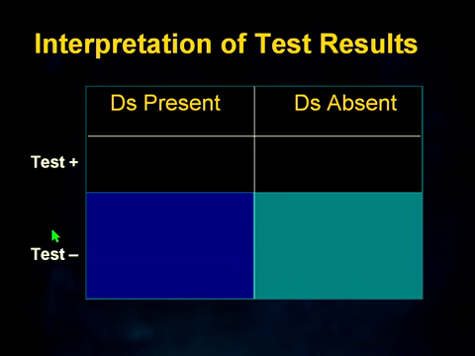Okay. Now, let's look at this little box right here. These people have the disease, right? So they're in the disease column. Everyone in this column here, remember up and down is column, is going to have the disease, okay?